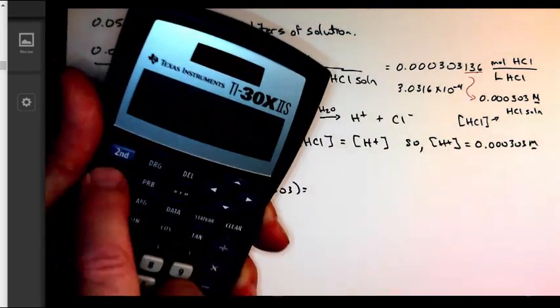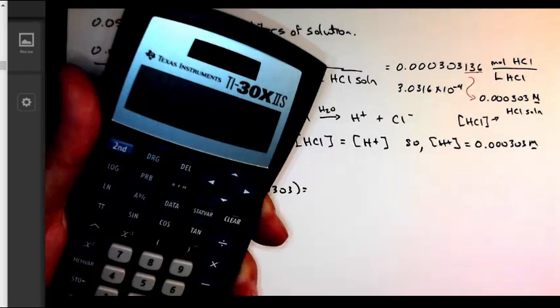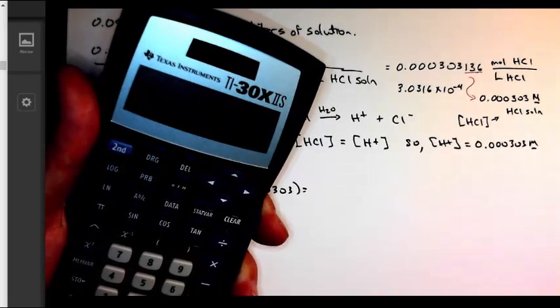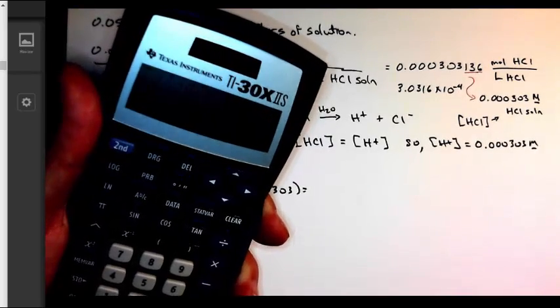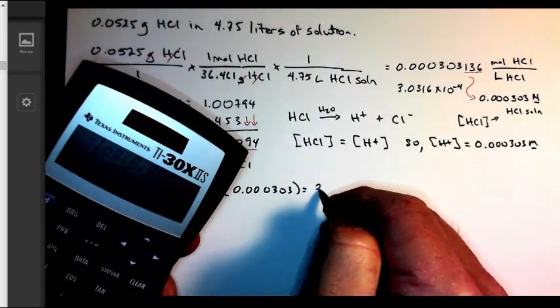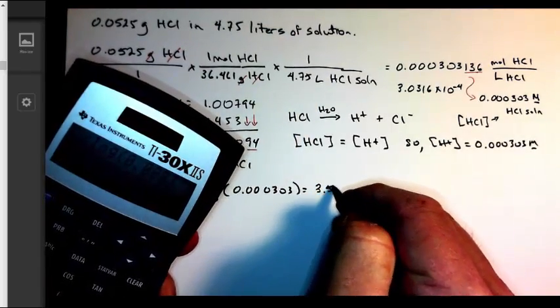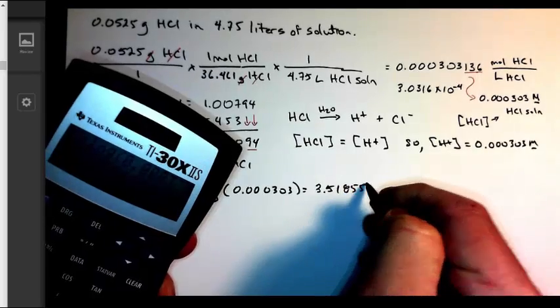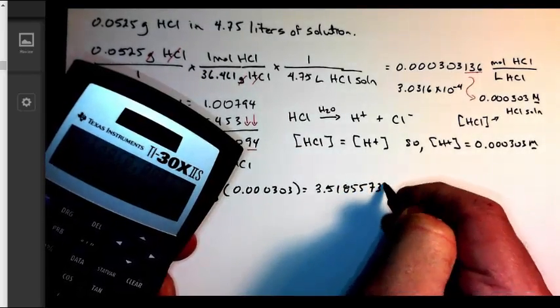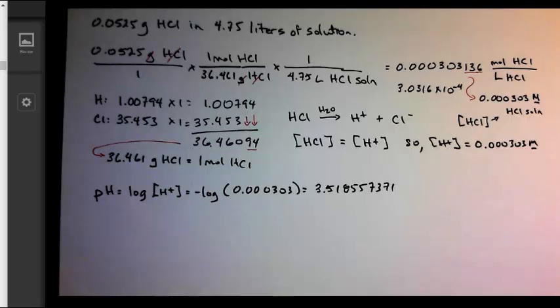Negative logarithm, 0.000303. And I get a pH of 3.518557371.